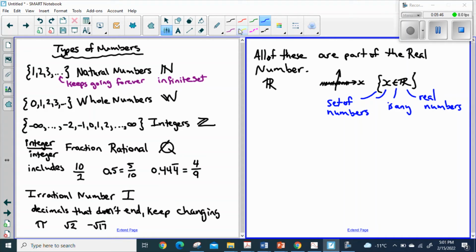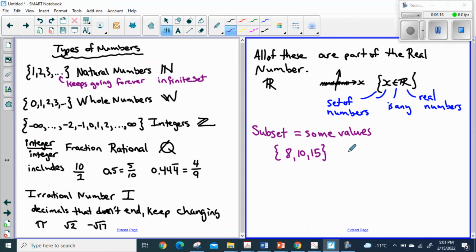Now we also have a few things called subsets. A subset is where you list out just some of the numbers. Like a subset of, say, the natural numbers might be 8, 10, and sure, 15. That would be a subset.